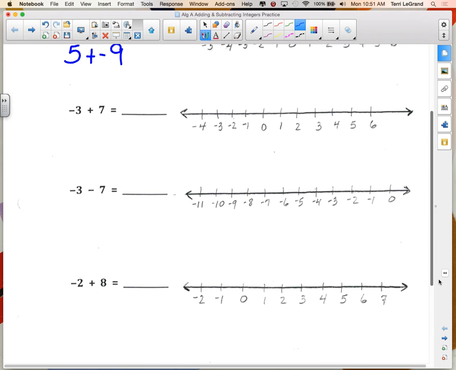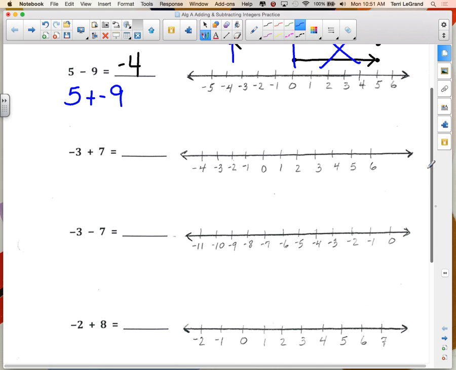Okay, you go ahead and try the next one, negative 3 plus 7. Show it on the number line. How do we take negative 3 and add 7 to it? Oh, by the way, we forgot to plot our point, what our answer was for this last one. We should put a point for our answer.